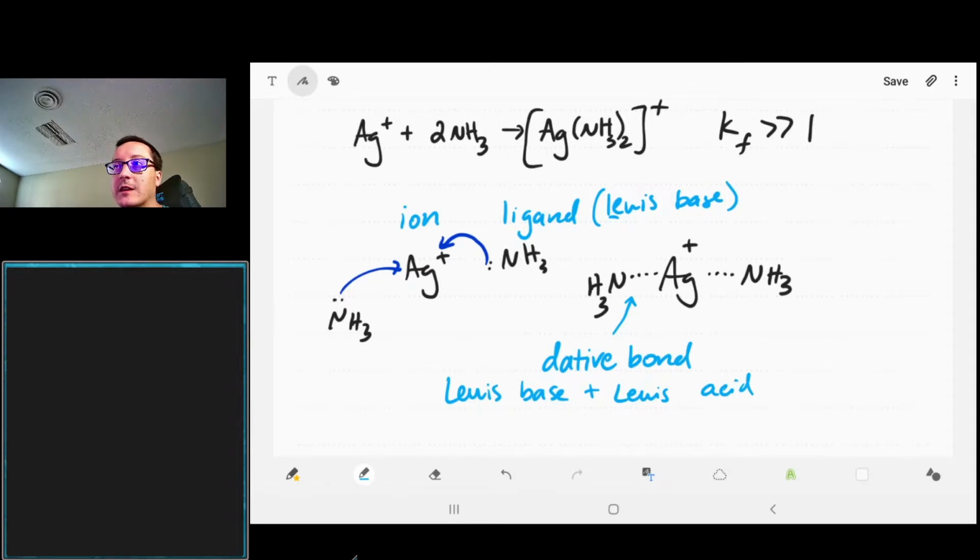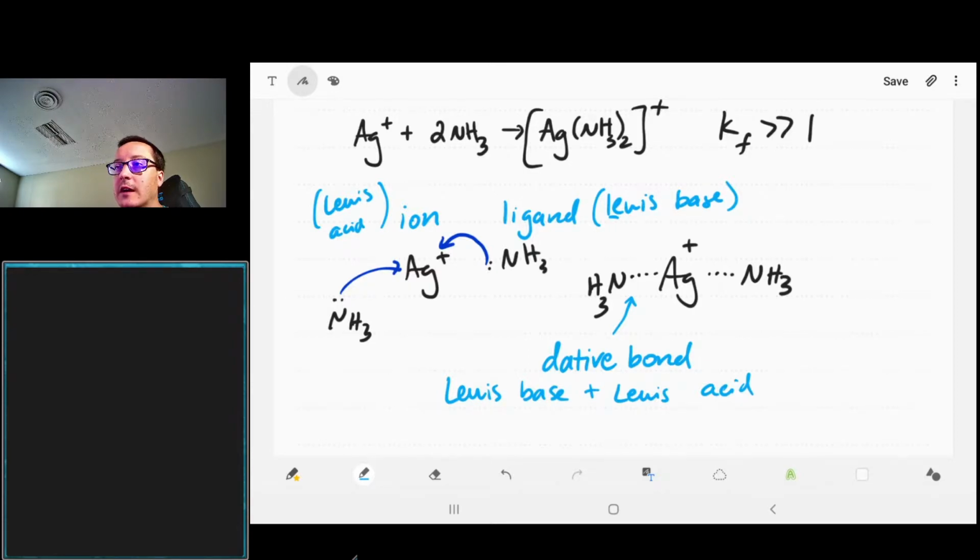And so our ions are always going to act as Lewis acids, and our ligands will act as Lewis bases. Remember that the Lewis definition is all about lone pairs, so Lewis bases donate lone pairs to a system, and Lewis acids accept them. And so we can see that the lone pair from the nitrogen is going to coordinate, form a dative bond with the silver ion there, thereby forming the complex. And again, this is a super stable thing.